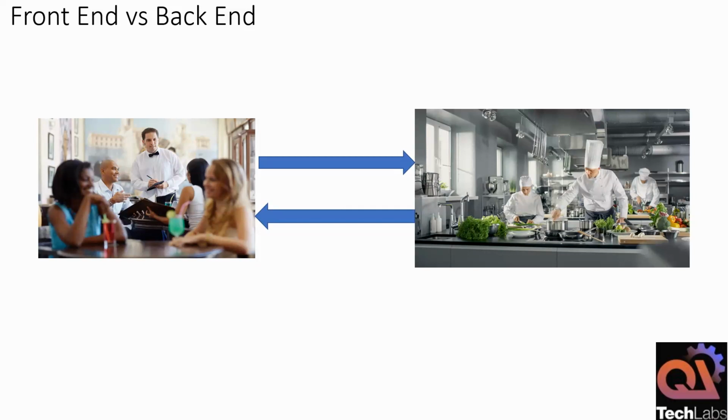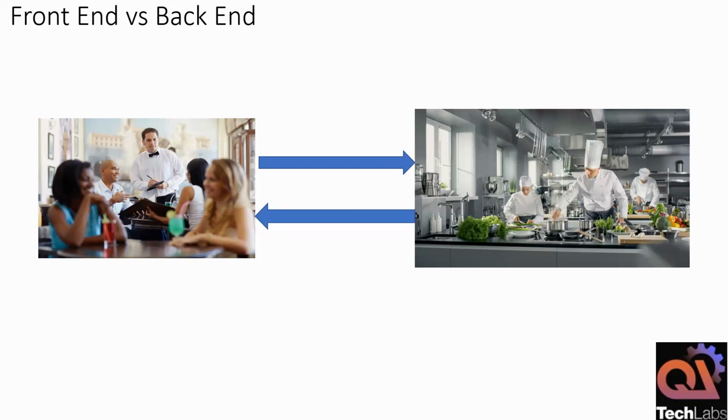One is a person taking an order potentially in a hotel or a restaurant, and the other shows the activities happening in the background: cooking, cutting vegetables, washing the dishes, and other things.